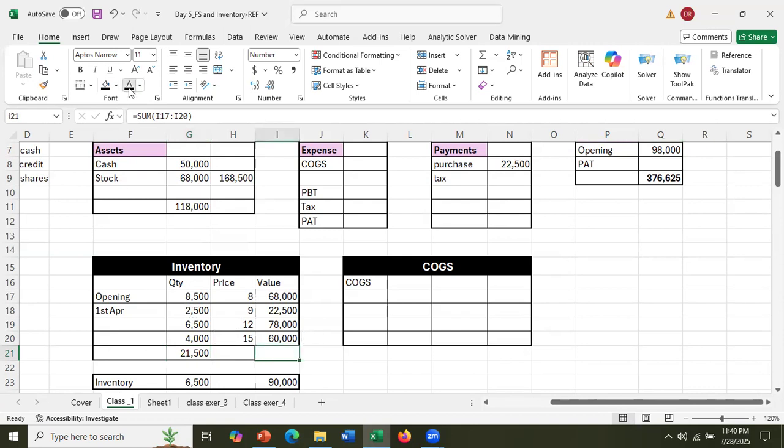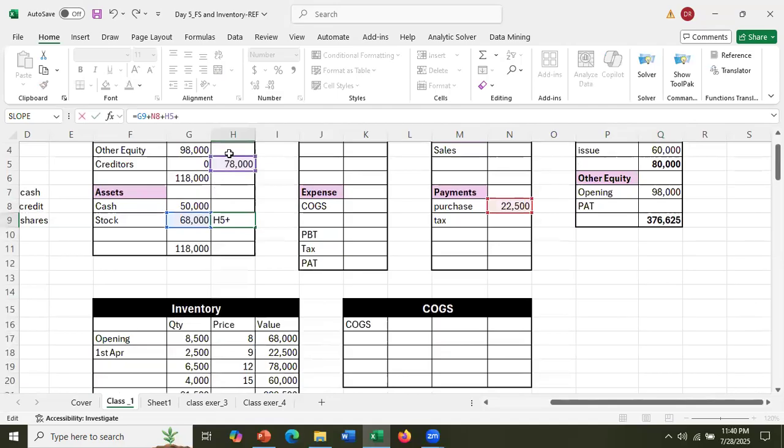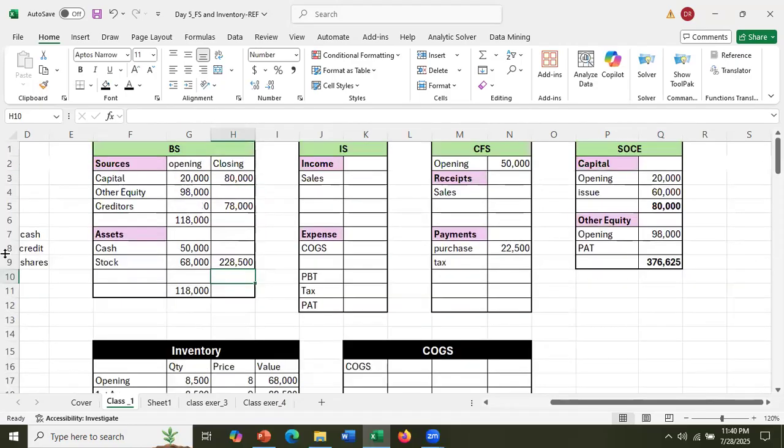So this much is 168,000. So 168,000 will be the amount of inventory before the sales happen. We can see that 228, 228.